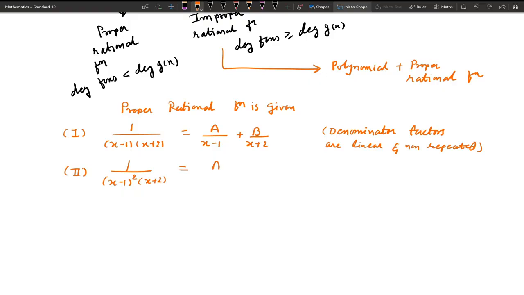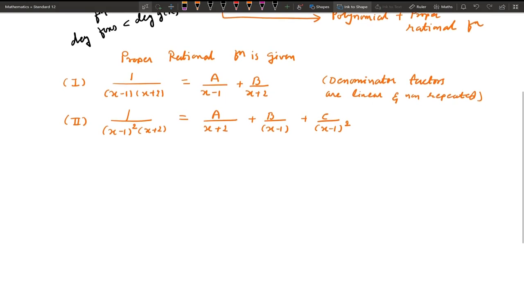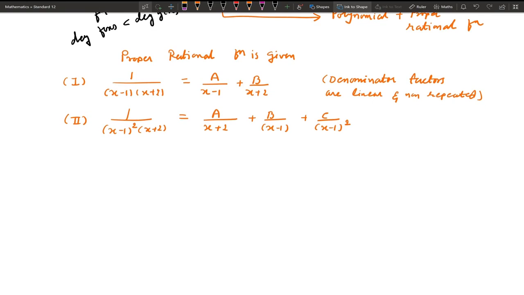Then we write it in the form a upon x plus 2, and for the repeated one, b upon x minus 1 plus c upon x minus 1 square. Suppose cube is there, then you have to expand further with d upon x minus 1 cube and so on. So this is the second type, in which the denominator has a combination of linear repeated and non-repeated factors.